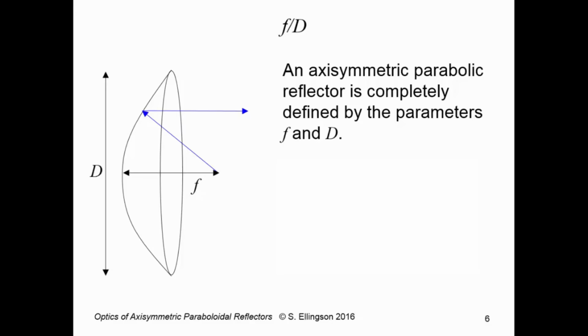Okay, now f over d. The idea is this: an axisymmetric paraboloidal reflector is completely defined by the parameters f and d. In other words, by the focal length, which we've already established, and d. d is the new thing.